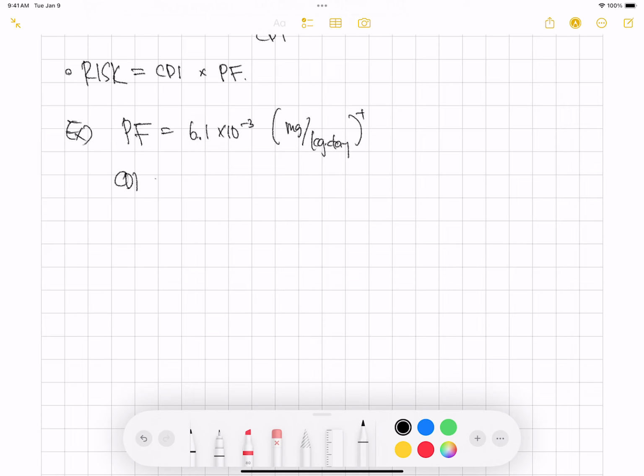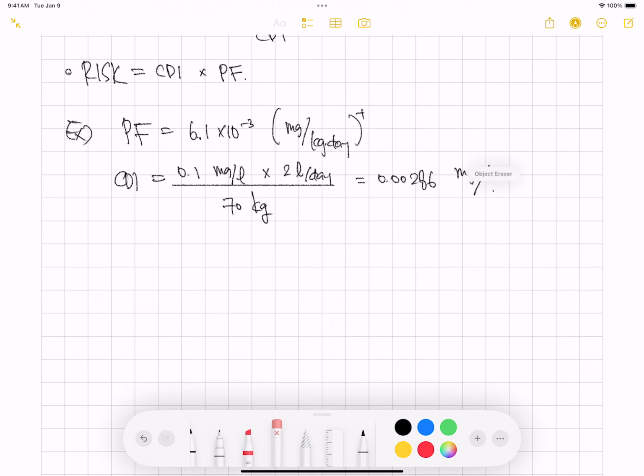And CDI, how much chloroform this person is exposed to, is 0.1 milligram per liter, and this person drinks 2 liters per day, and lifetime exposure is just a general assumption here, and body weight is 70 kilogram, so it is calculated to be 0.00286 milligram per kilogram a day.